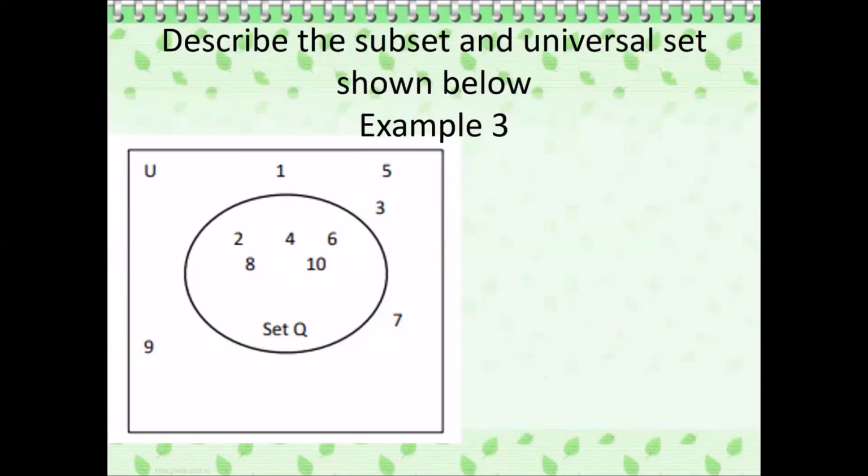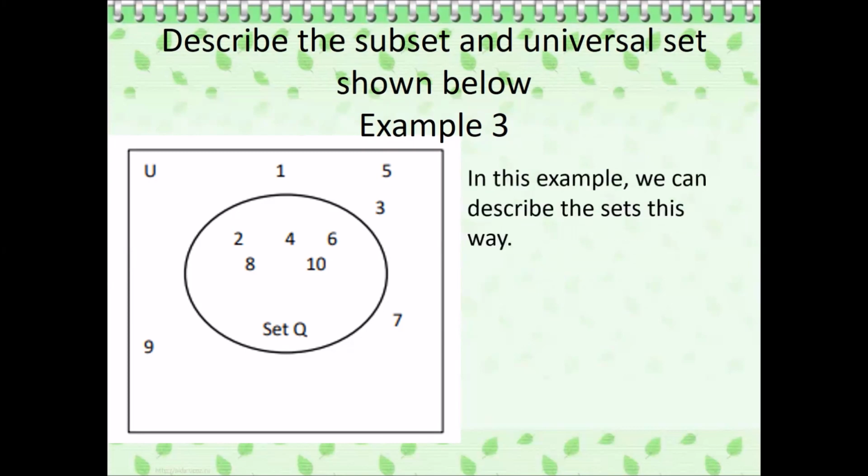Describe the subset and the universal set. Observe, we have set Q and the universal set. So what is inside set Q is a subset of the universal set, of the whole elements of the universal set.